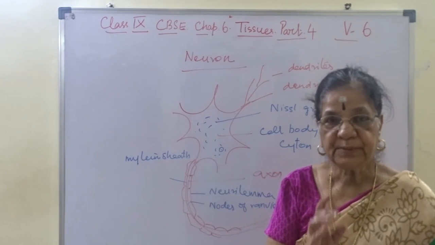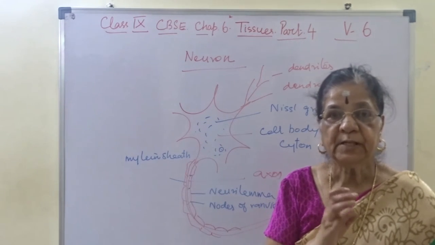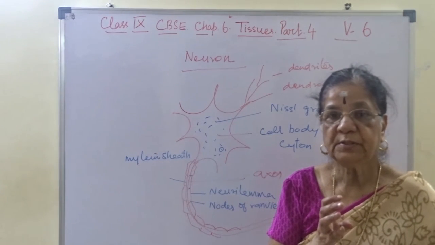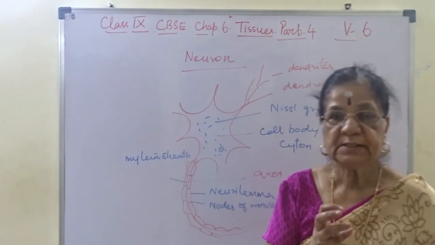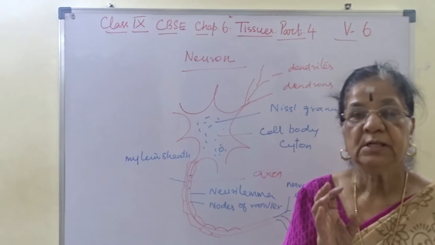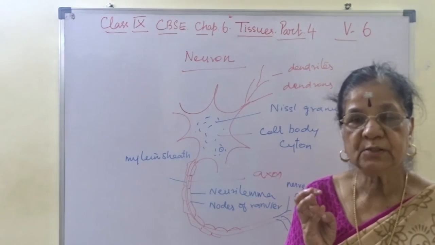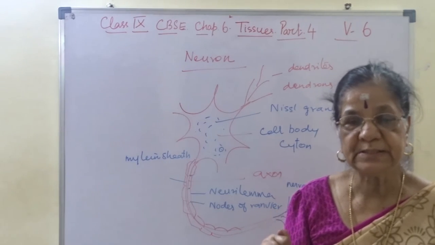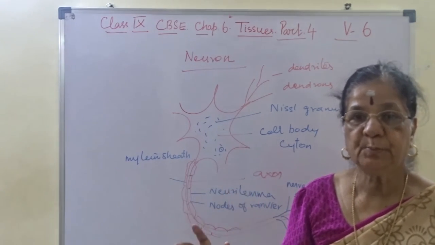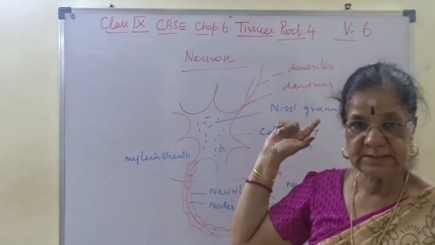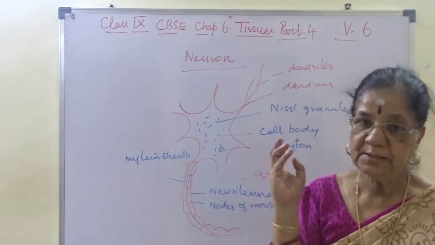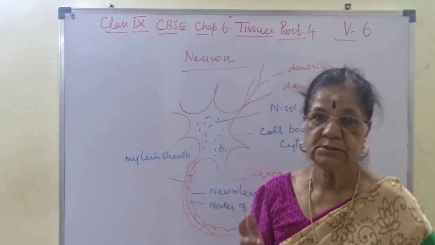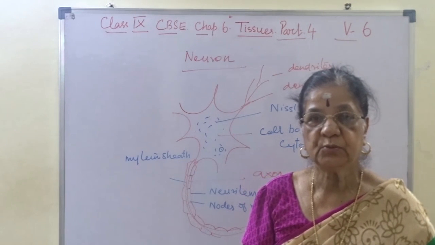The presentation with the figure on the epithelial tissue, connective tissue proper as areolar connective tissue and adipose tissue, supportive tissue bone and cartilage, dense connective tissue tendon and ligaments. The last part of connective tissue, blood, was in video session 6, then muscle cell and neuron, and we are completing animal tissues. I hope you are able to follow this.